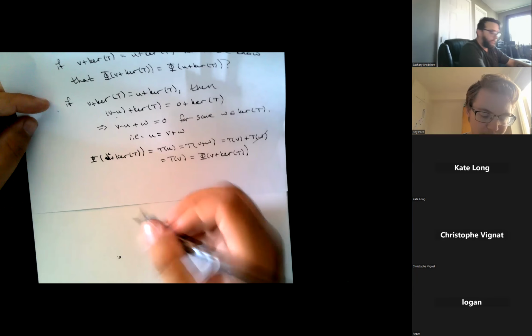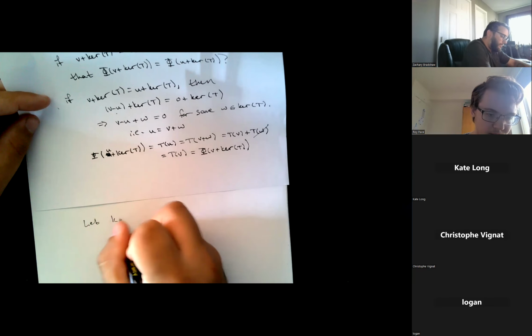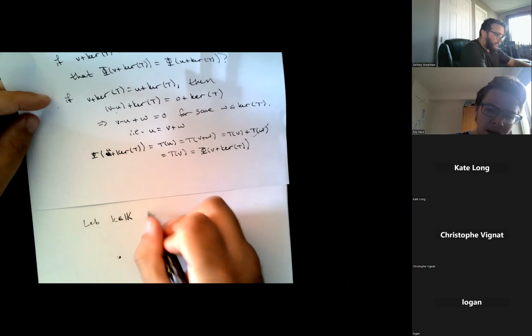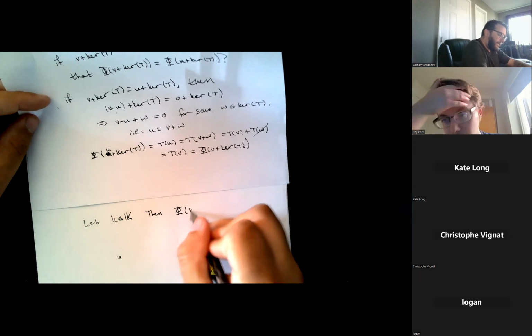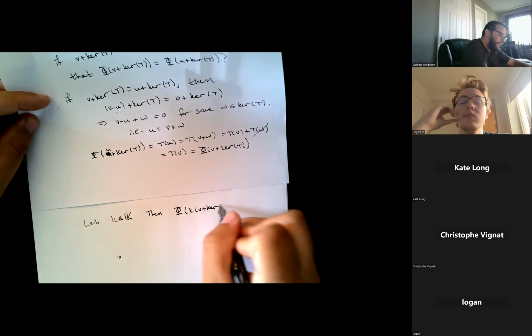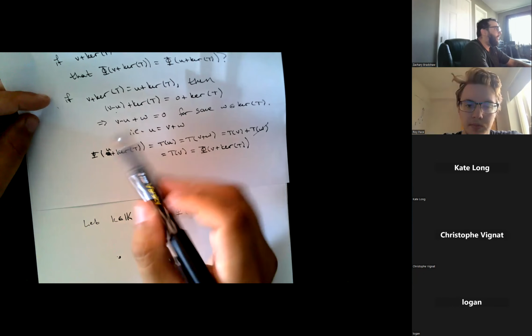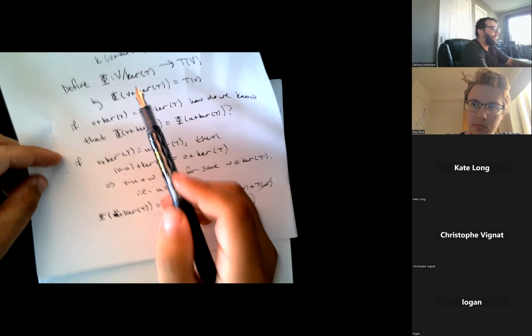So for linearity, let k be in the underlying field, then phi of k times v plus the kernel. So this is just some arbitrary element of our space v modulo the kernel.